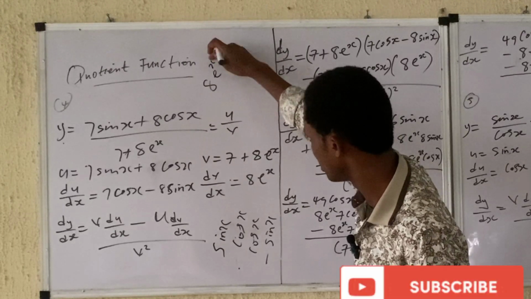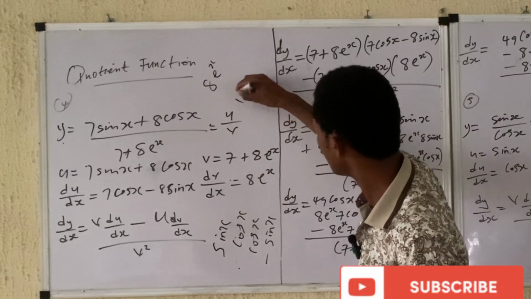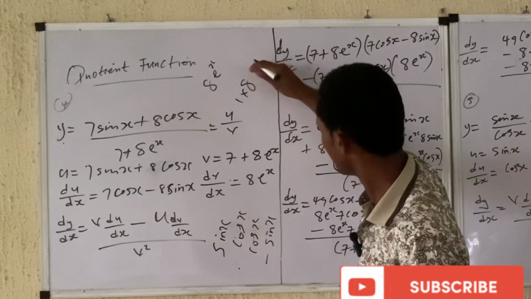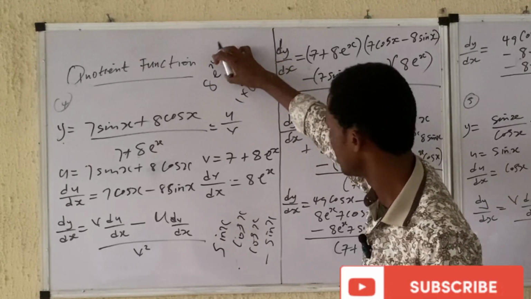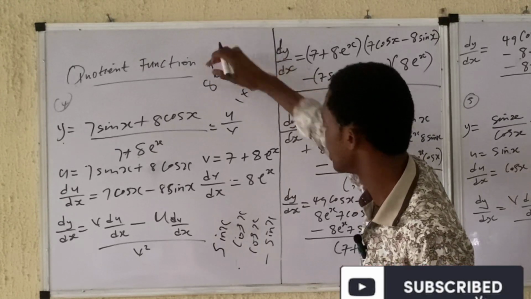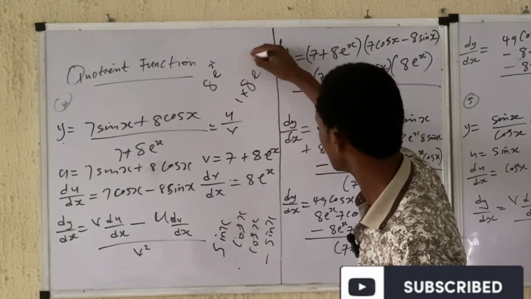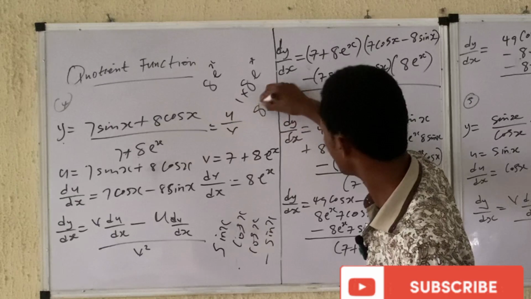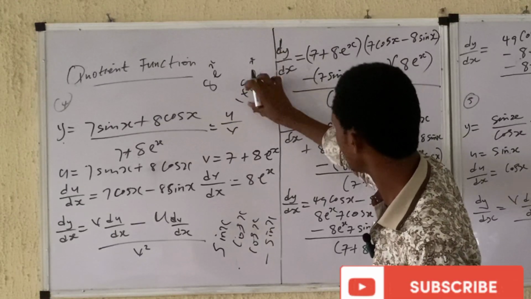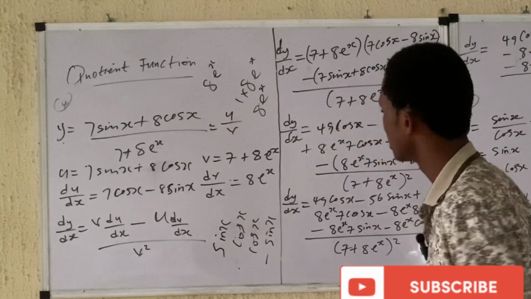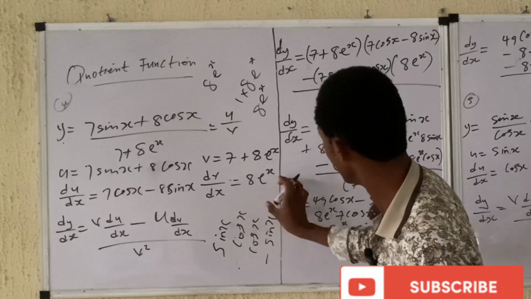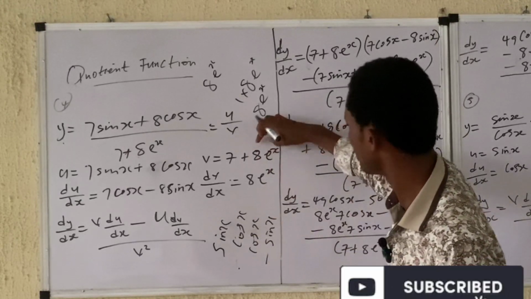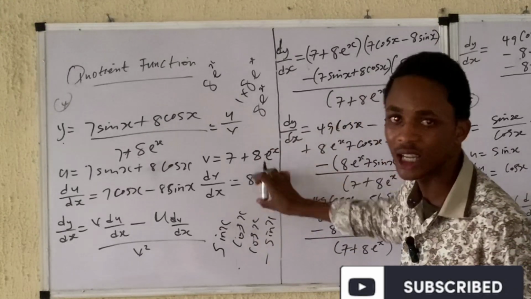Differentiating this x gives you 1 times the coefficient, which is the 8, rewriting what is differentiated, the exponential x. So 8 times exponential x gives you 8 exponential x. That's how we got this one here. Differentiating 8 exponential x will still give you 8 exponential x.